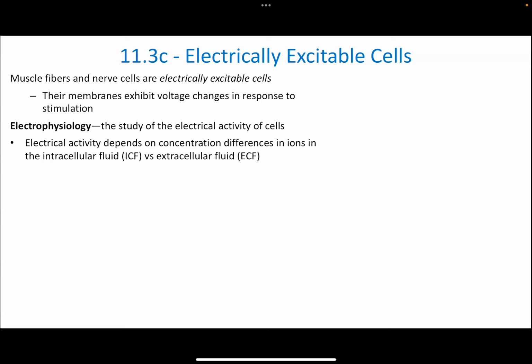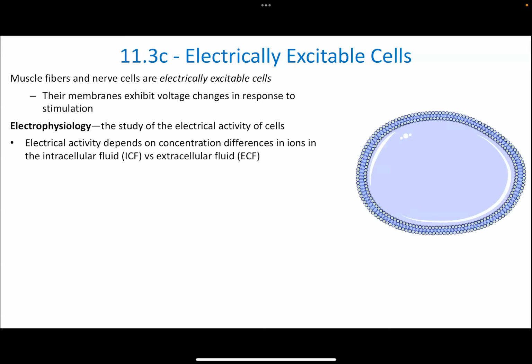The entire reason why we've had to review ions, and what a cation is and an anion is, is to really understand the physiology of these excitable properties. And so there's a difference in ion concentrations in the intracellular fluid, so what's inside the cell, versus the extracellular fluid, what's outside the cell. And when you have a difference like that, that creates a voltage change or a membrane potential.